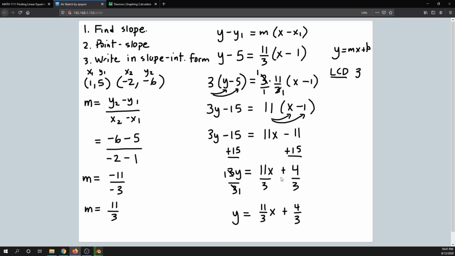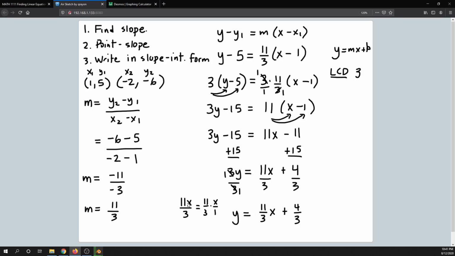Some people will get a little confused about why 11x over 3 is the same as 11 thirds x. The reason for that is, if you write 11x over 3, that is the same as 11 over 3 times x over 1. Why is that? Well, remember, when you multiply two fractions, that's the easiest operation for fractions, you just multiply the tops.